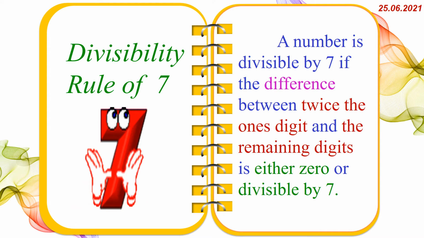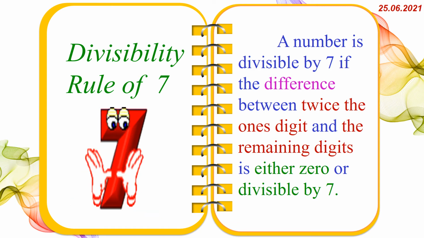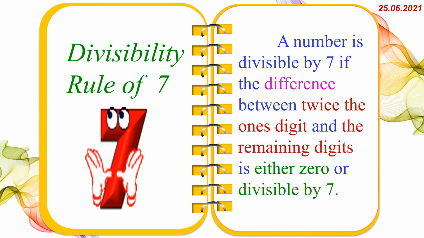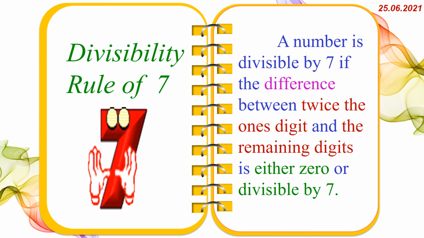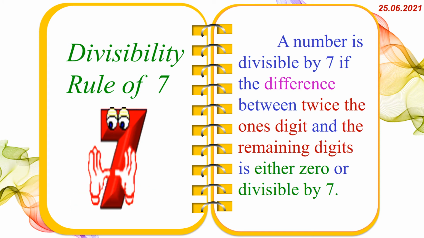So first let us find twice the ones digit. Twice the ones digit means first we find the ones digit. Next, twice means we multiply by 2.